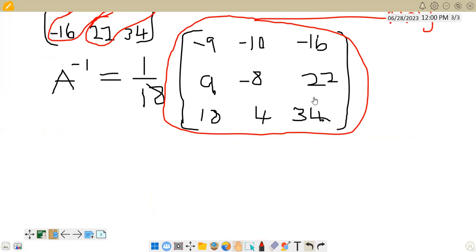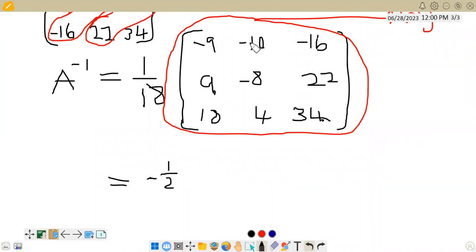this matrix. So for example, 1/18 times negative 9 is equal to negative 9 times 1/18, which is 9 over 18 with a negative, so 9 into 9 is 1, 9 into 18 is 2, so we are going to have negative 1/2.